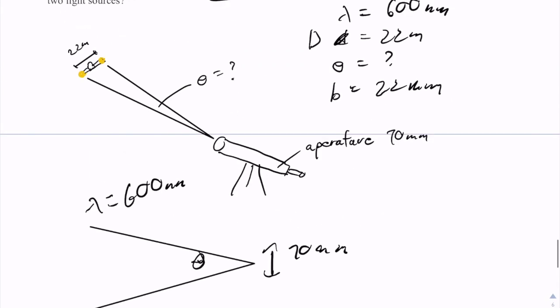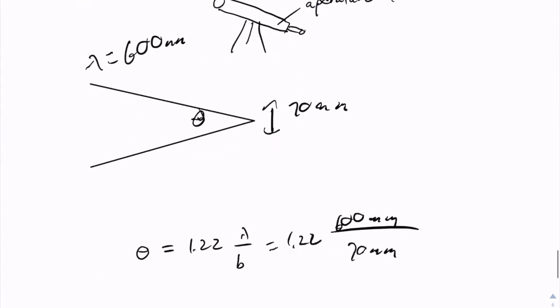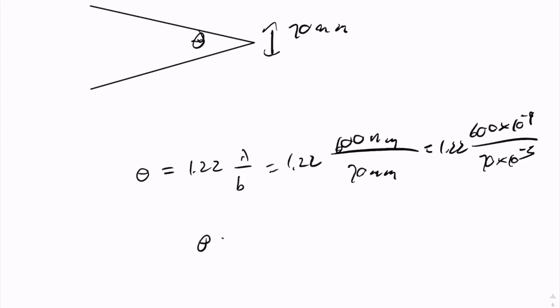So that's pretty convenient. So once again, 1.22 times 600 times 10 to the negative 9, over 70 times 10 to the negative 3. Okay, and we make our calculation here.